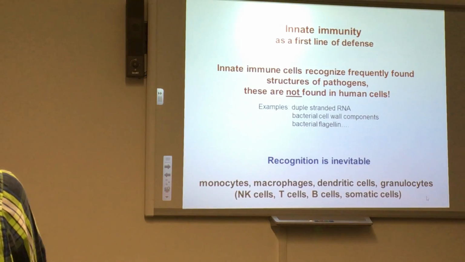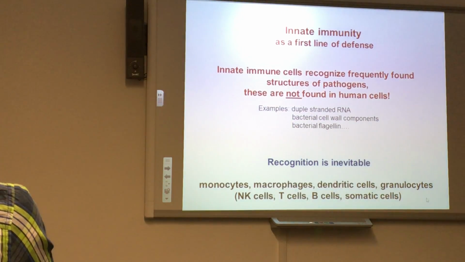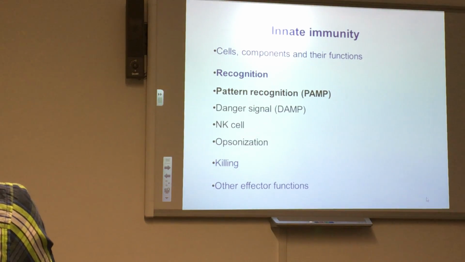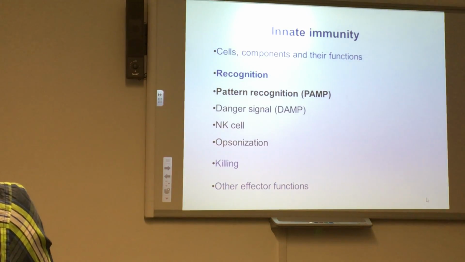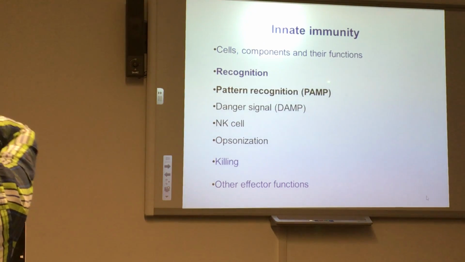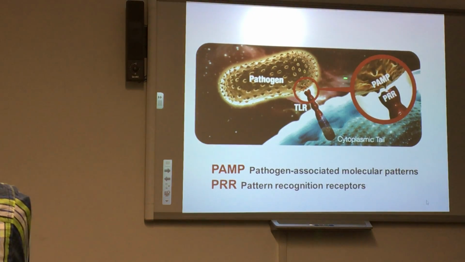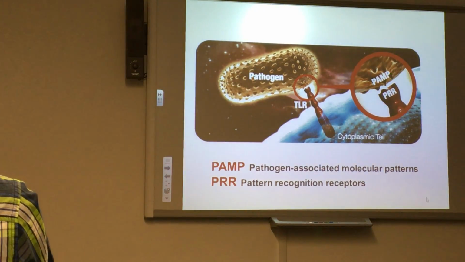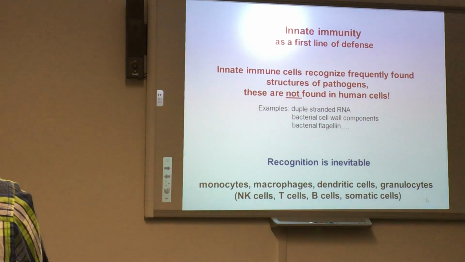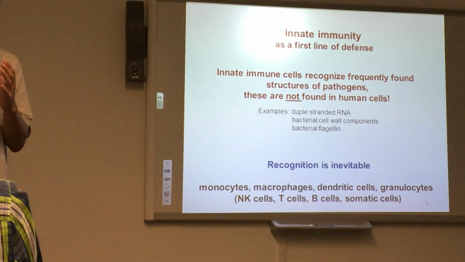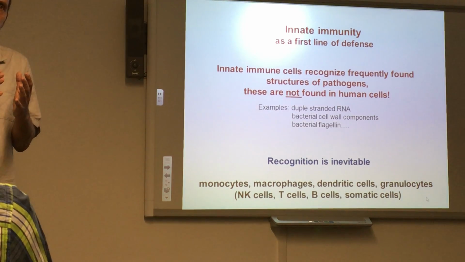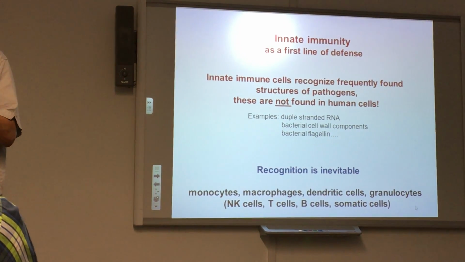So the strategy of the immune system: recognize the pathogens by pathogen-associated molecular patterns. We call them PAMPs. The PAMPs are recognized by pattern recognition receptors. You must know it. PAMPs are molecules which are frequent in the pathogen, but for sure not in human.